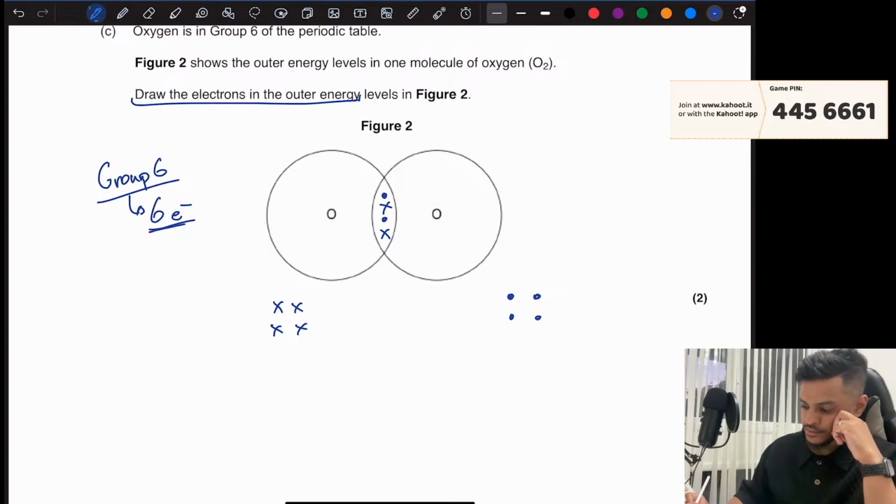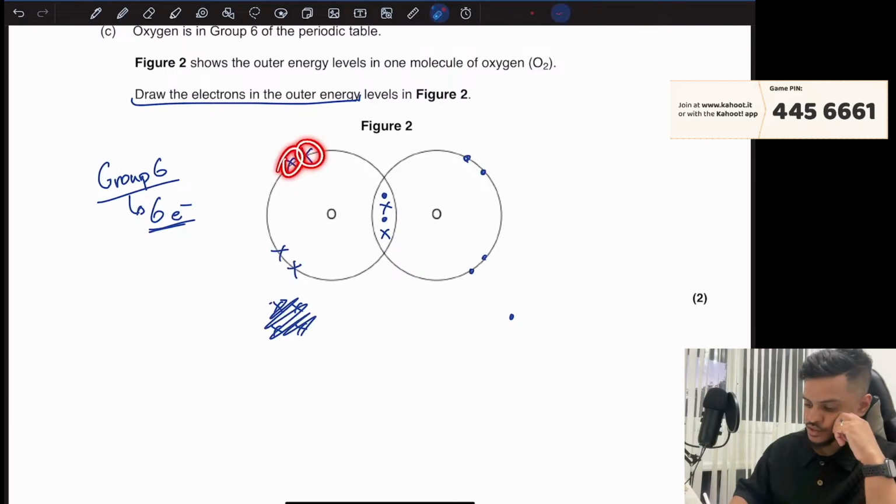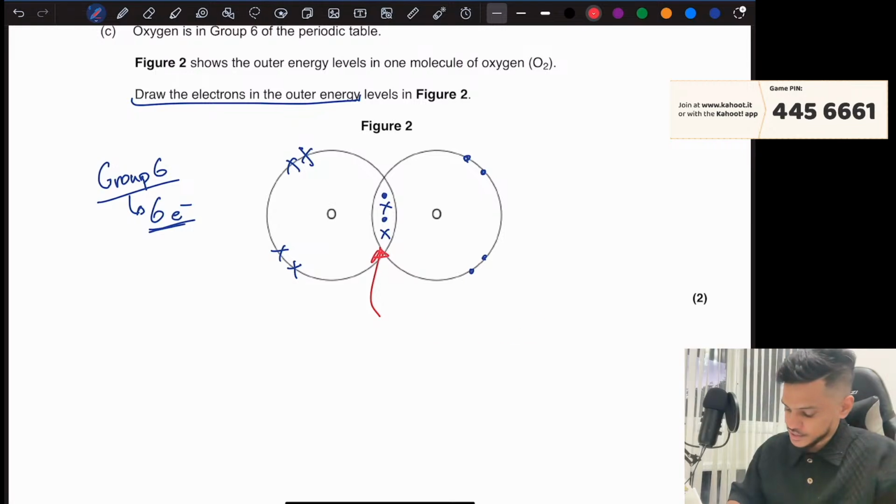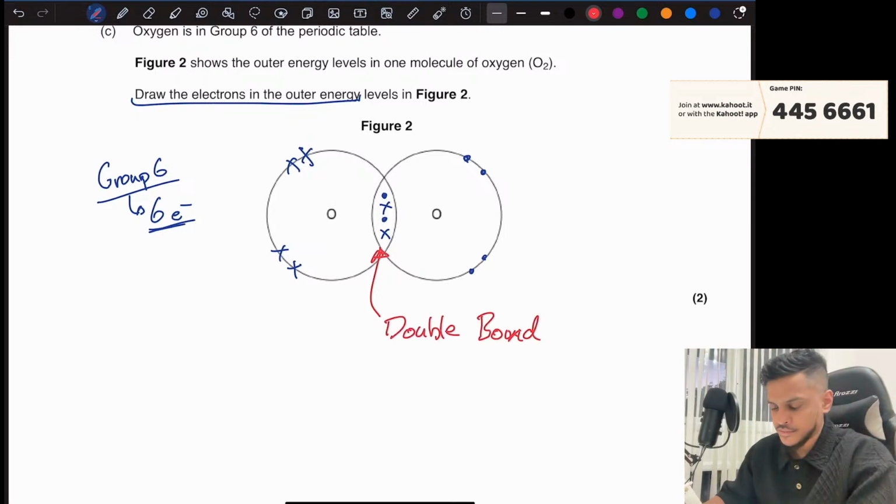Now, whatever's left over, you just put 1, 2, 3, 4. This method works for any diagram. There's a single bond, so this is a double.